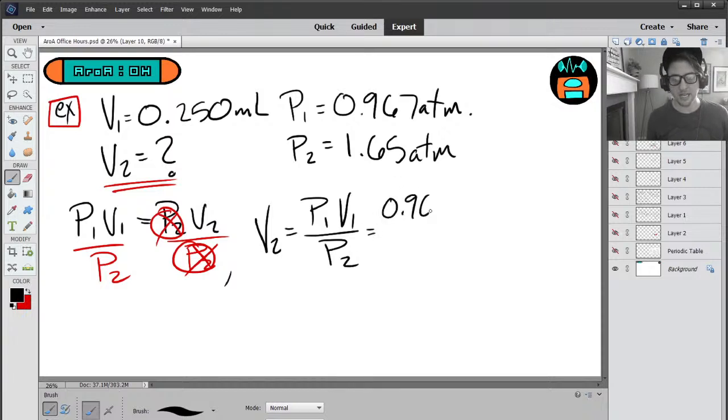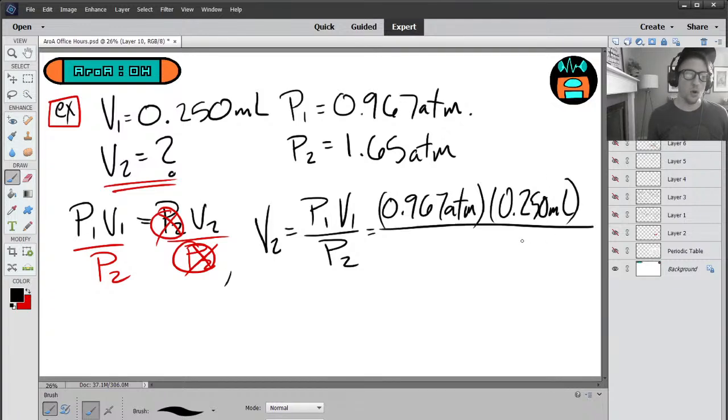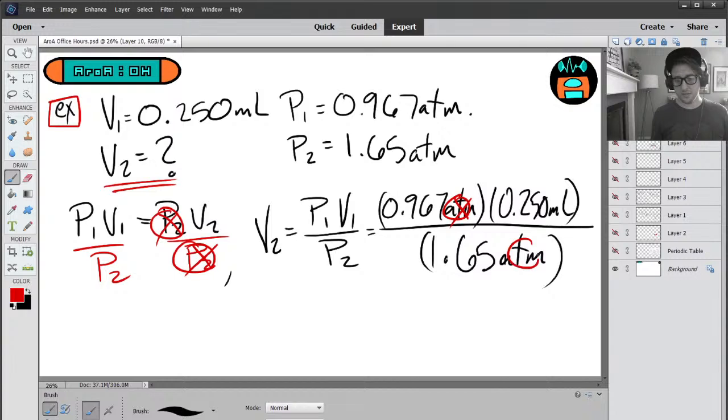We got 0.967 atmospheres times our initial volume, 0.250 milliliters, over our final pressure, 1.65 atmospheres. Atmospheres cancels.